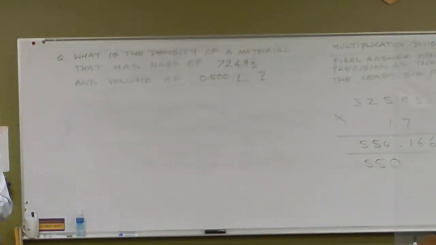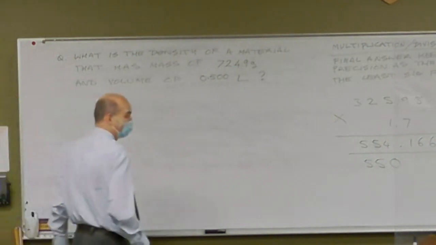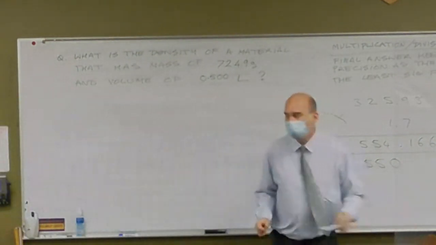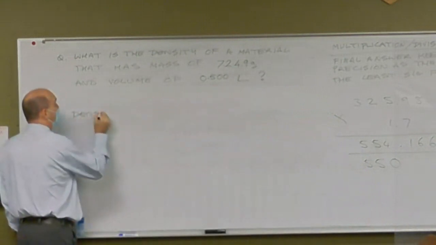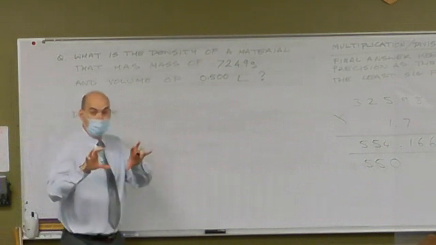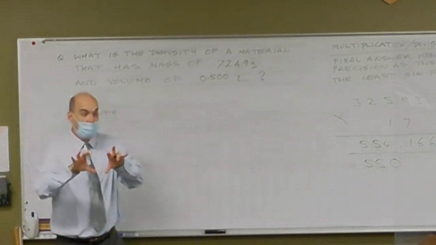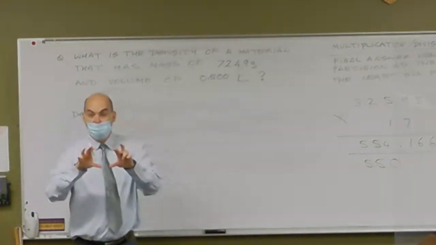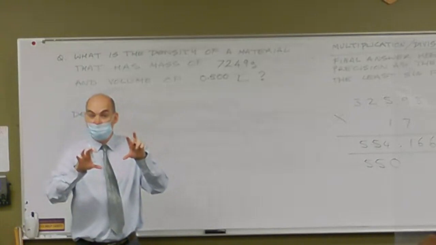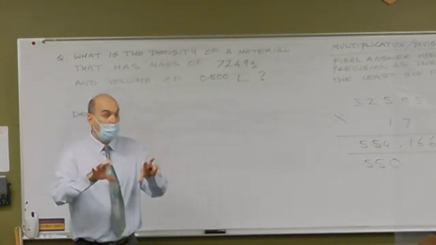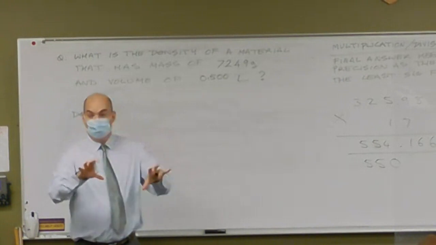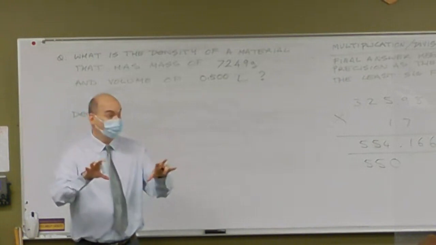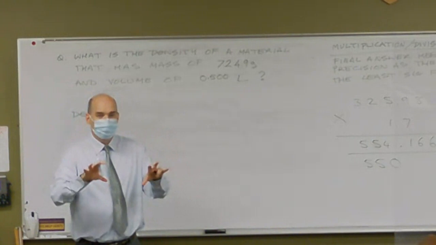Gold, 19.3 grams per milliliter. So with your eyes closed, if I had two cubes that were exactly the same size, and one of them was gold and one of them was aluminum, and you were blindfolded, like on a TV quiz show, and told, if you can guess which one's gold, you get to keep it.